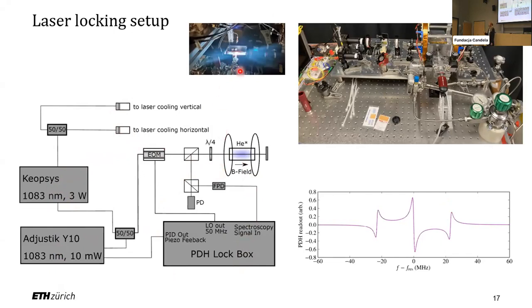This box is an RF discharge box where we have our atoms in the metastable state. This is why you see the nice blue glow. We use an EOM to modulate the frequency of our laser beam before doing the saturated absorption spectroscopy, so that we can use the Pound-Drever-Hall method to lock our laser to the transition.